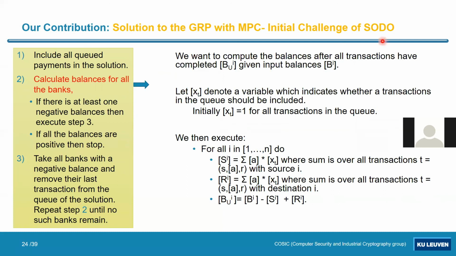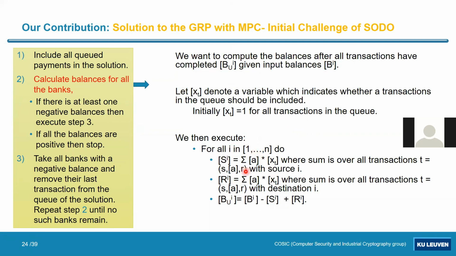In the case of the SODO algorithm, imagine that we want to calculate the new balance of bank i, given the initial balance of this bank. Let's denote x_t as a variable which indicates whether a transaction is in the queue or not. First, we set all x_t to 1, which means we first put all the transactions in the queue.